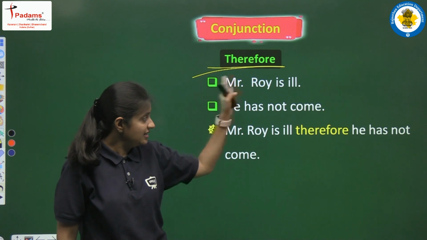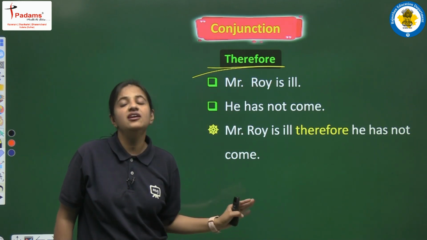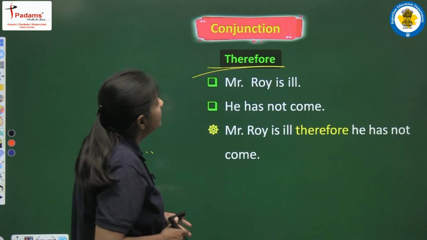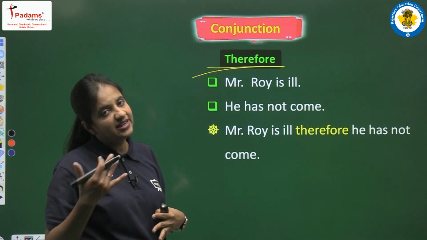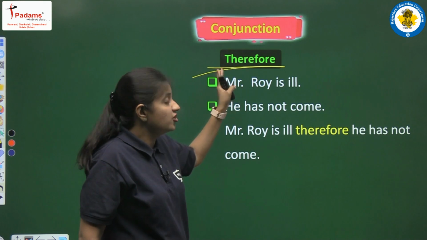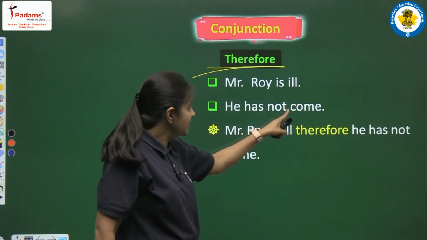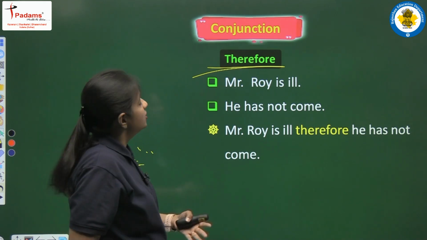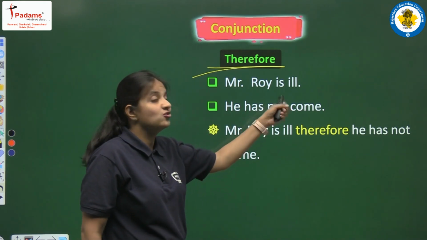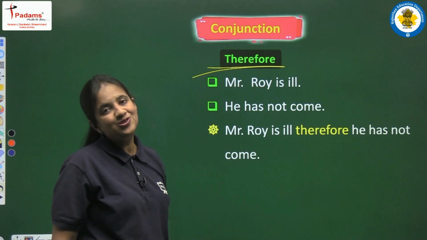After reading the sentences we can understand one thing here: in the first sentence we are having one statement, right? We are telling one general thing, that Mr. Roy is ill, and in the second sentence we are talking about the result of this thing, that he has not come. So again we have to use therefore.